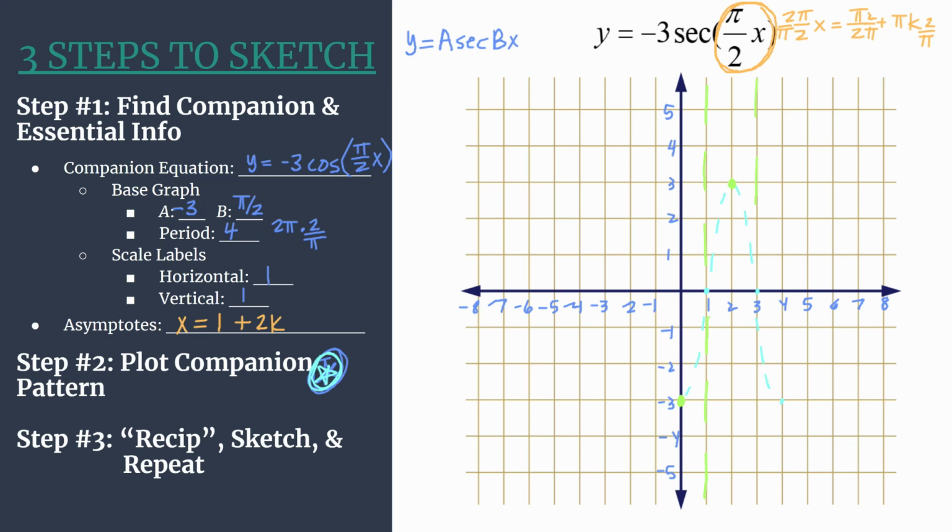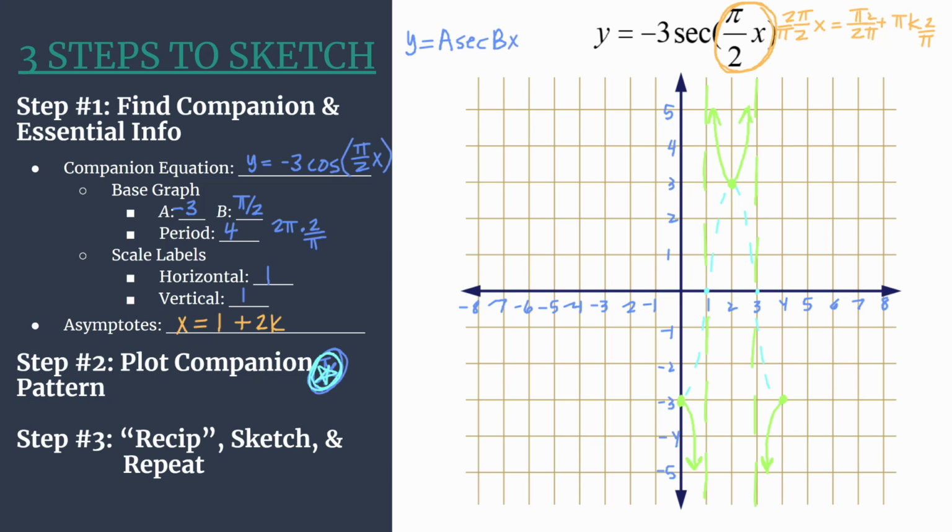We'll have another vertical asymptote here from that original 0, or that original x-intercept. And that's when k is equal to 1. And then we have another minimum of our companion, so that'll turn into a local maximum. And so you may get to the point where you can kind of recip and sketch at the same time because you know what secant functions look like. And so here is one cycle of our graph.